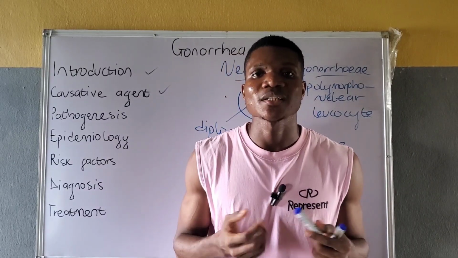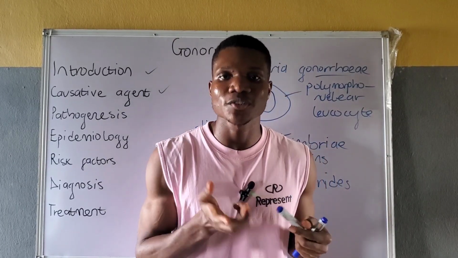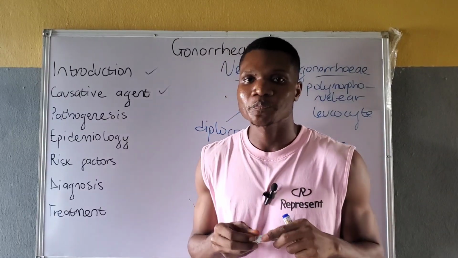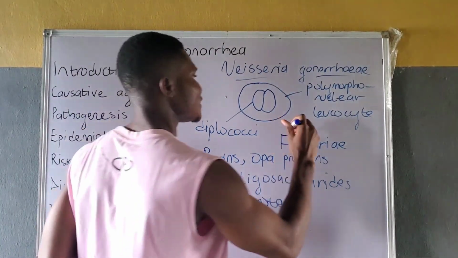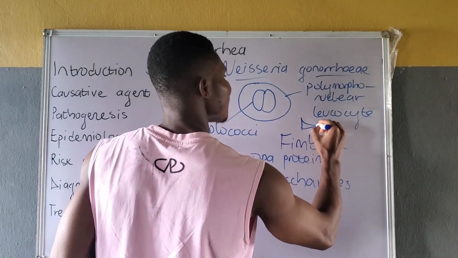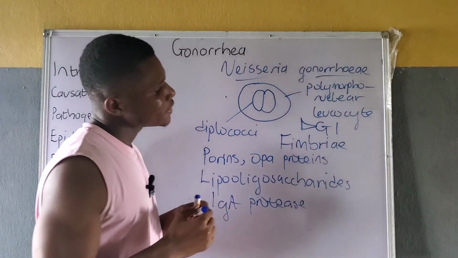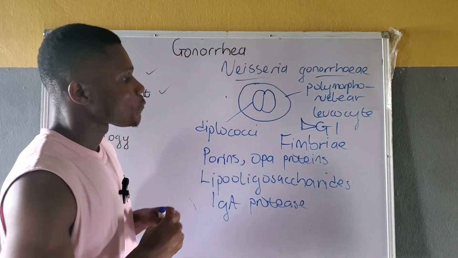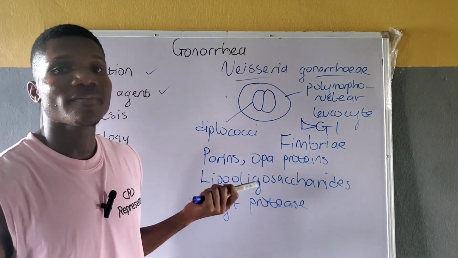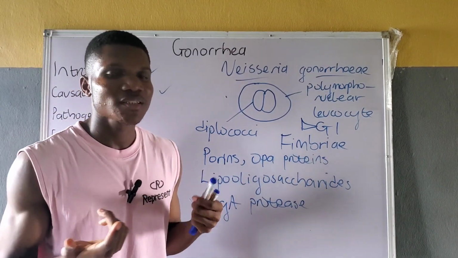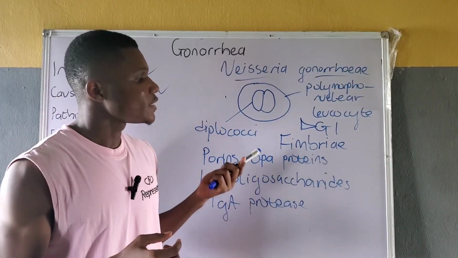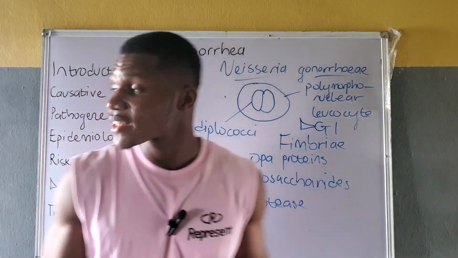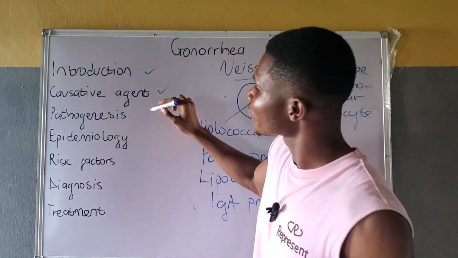In some cases, the bacteria can also spread hematogenously, that is through the bloodstream, and it can lead to a condition known as DGI. DGI is disseminated gonococcal infection, and this can manifest as dermatitis. It can also manifest as endocarditis in advanced cases. So this is basically about the pathogenesis of gonorrhea.